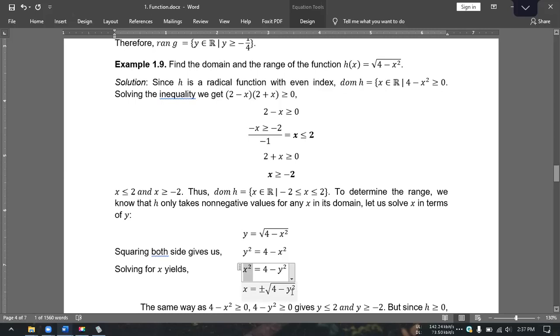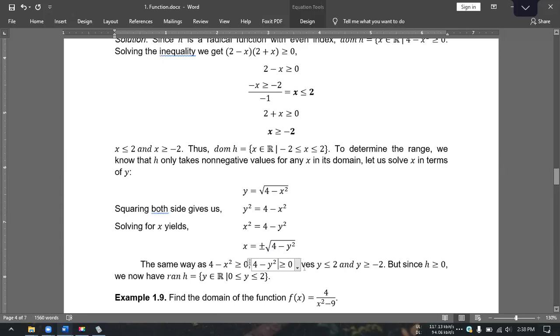And 4 minus y squared is the same as 4 minus x squared, although different lang yung variable natin. So, although they were the same, don't assume that its range is the same as the domain. No, you cannot say that y is greater than or equal to -2, or less than or equal to +2. No, we have this restriction.